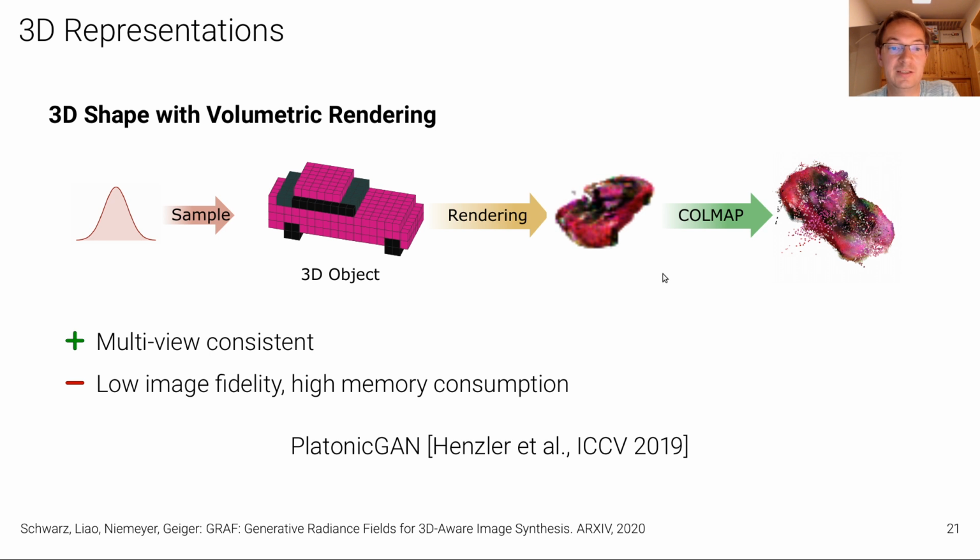And indeed, this leads to more multi-view consistent results, but because this is very difficult and can be done only at low image fidelity, or otherwise would require too much memory, the image fidelity that we obtain is typically not very high, which also reflects in the reconstruction results because it's more difficult to match features on this type of images.